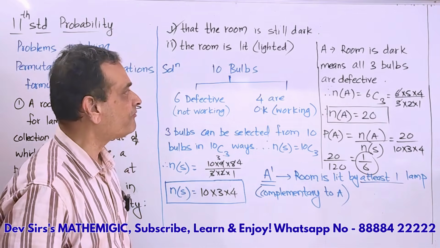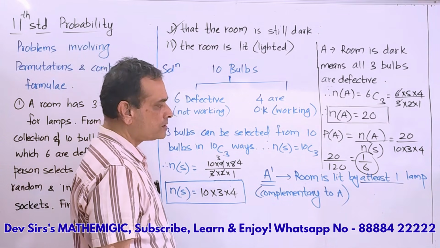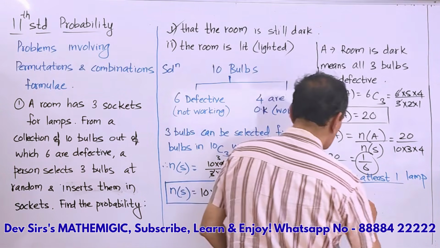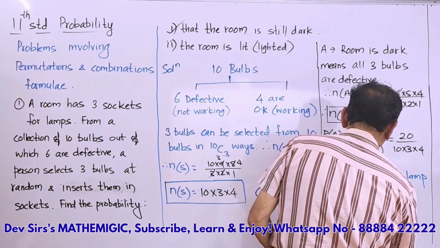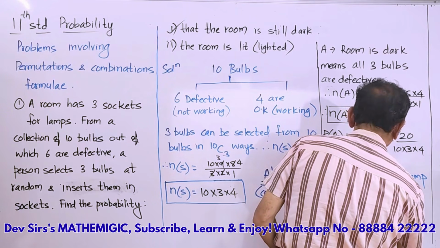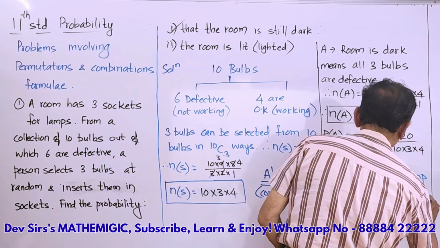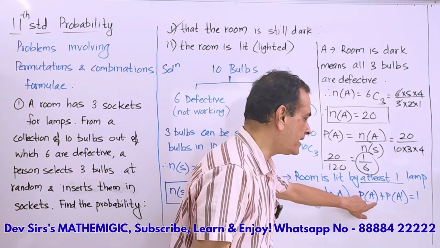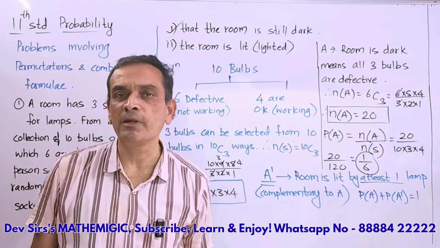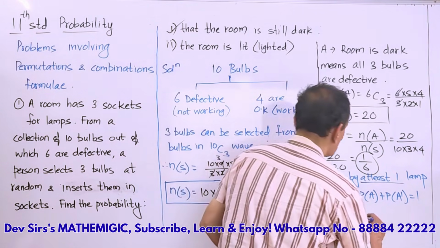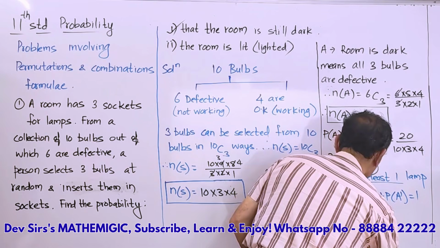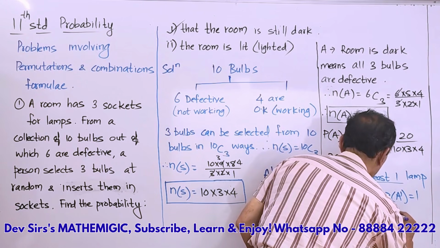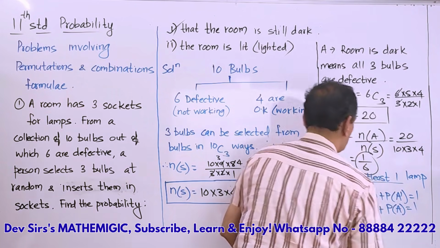Now let us use the complementary event formula. It says P(A) plus P(A dash) equals 1. Probability of event A plus probability of its complement is 1. So P(A) is 1 by 6, plus P(A dash) equals 1.